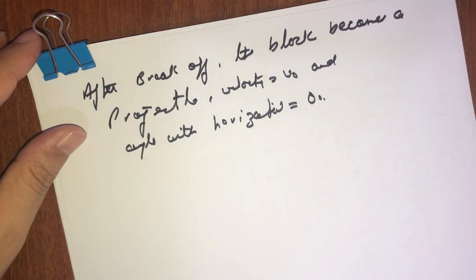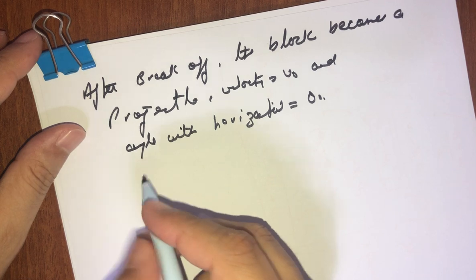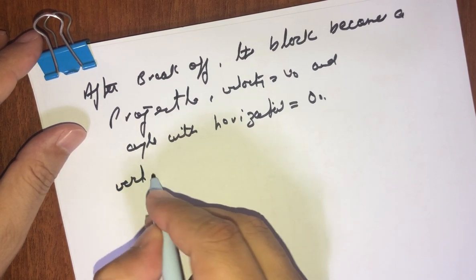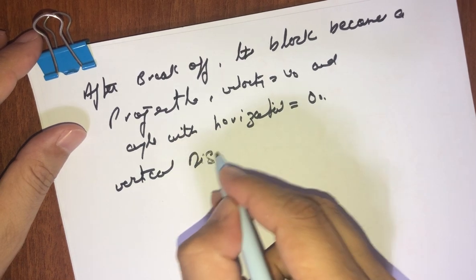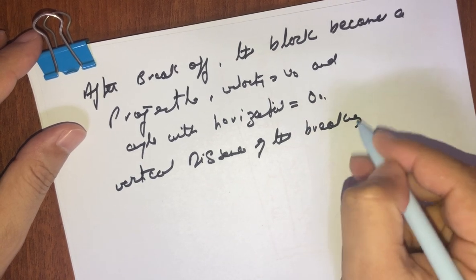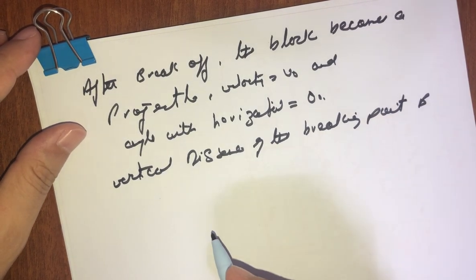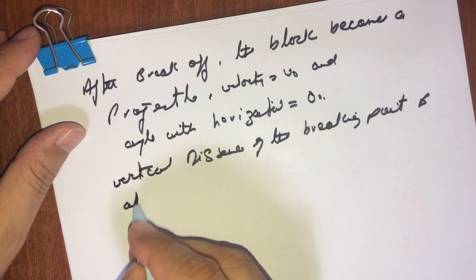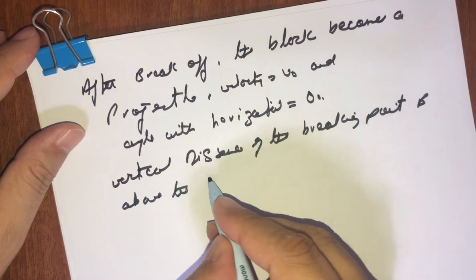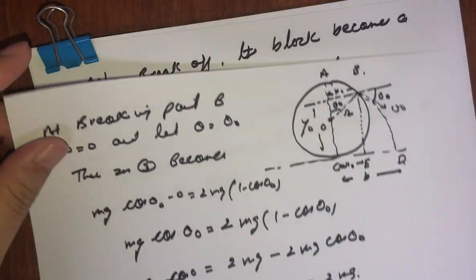Now we are going to use the equations of kinematics to find the horizontal distance traveled as well as the vertical distance. So the vertical distance of the breaking point B above the ground, we have already denoted this distance as y naught.